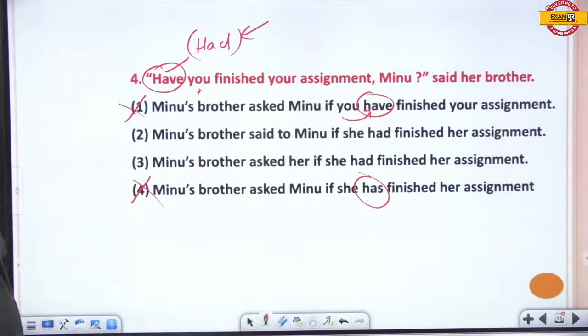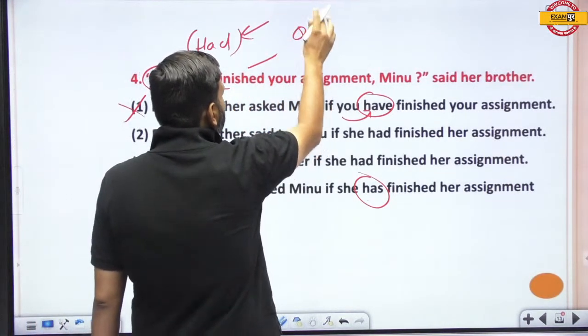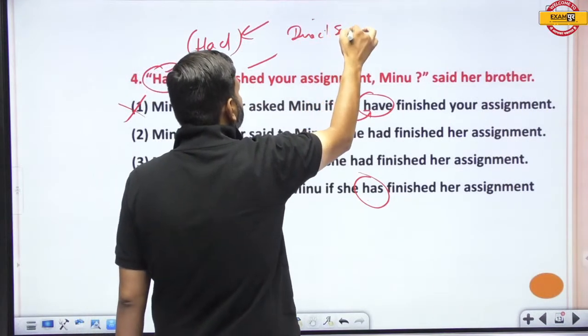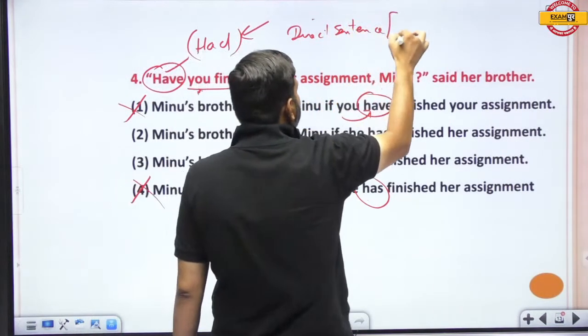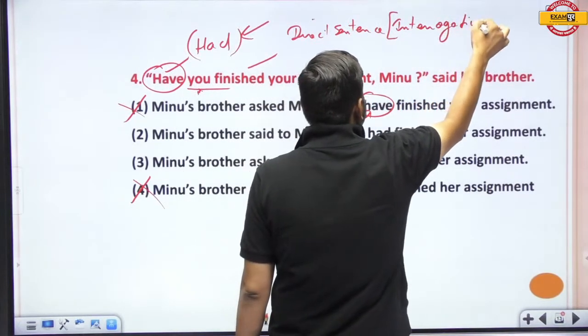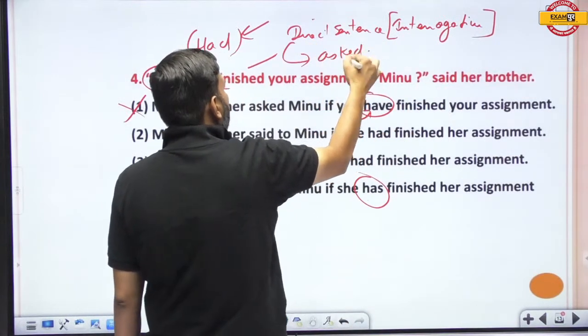Minu's brother said to Minu. So here he is asking a question. This is a question, right? So if the direct sentence is interrogative, the reporting verb must be asked.